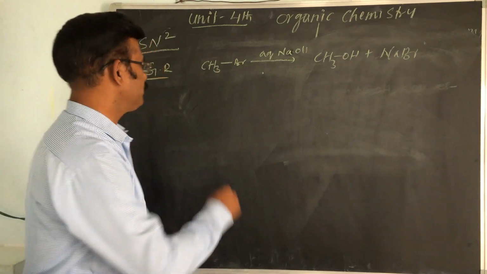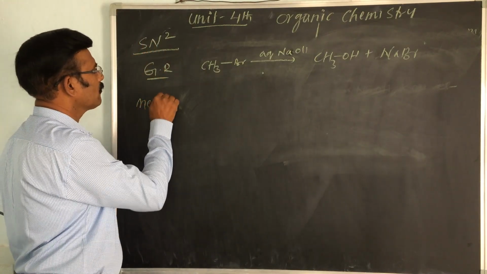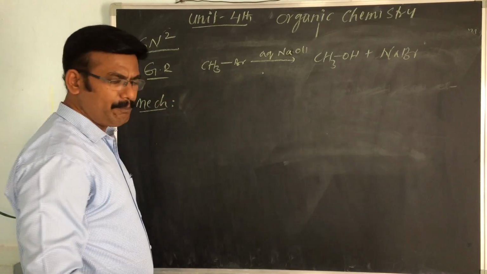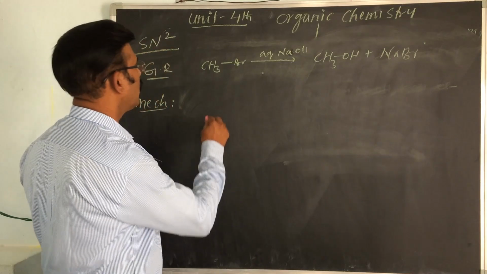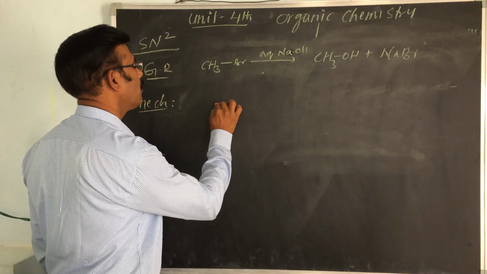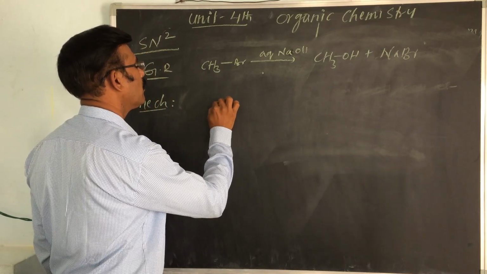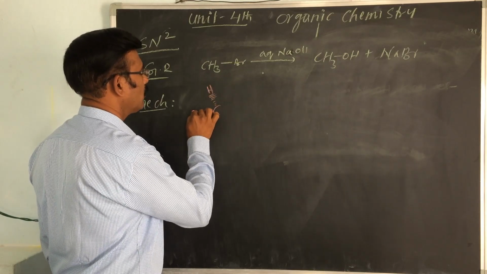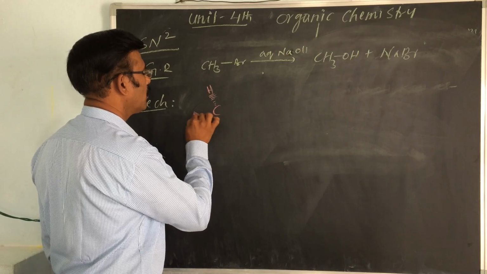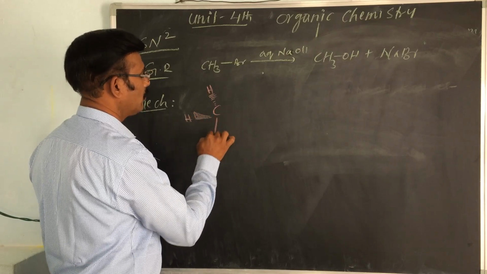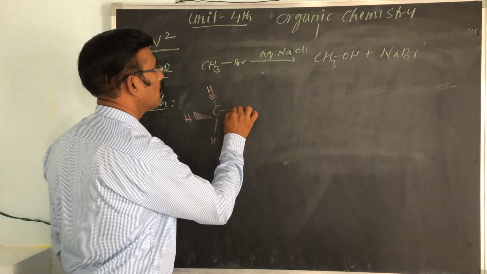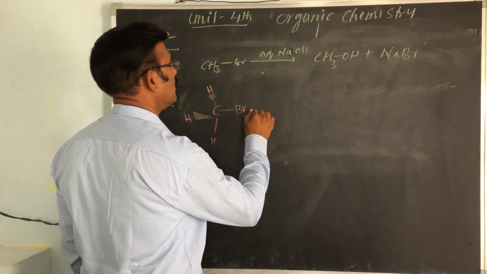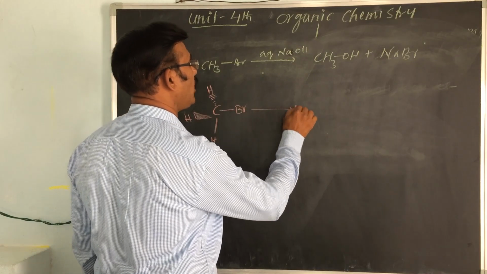And now the mechanism. The methyl bromide reacts with the aqueous NaOH.